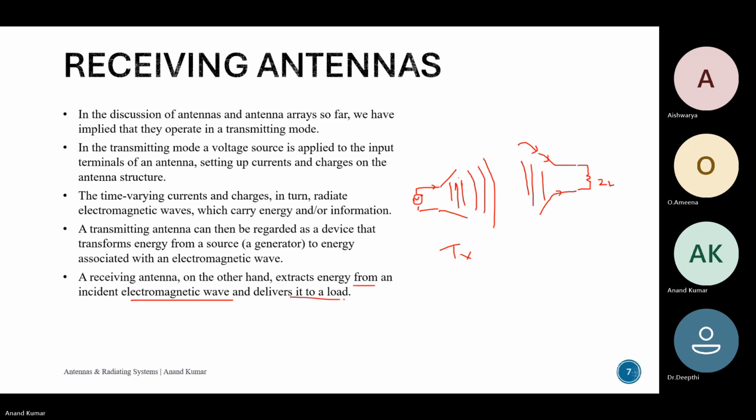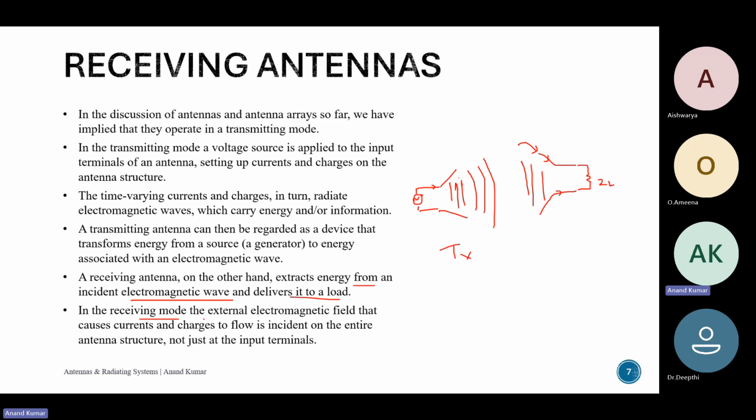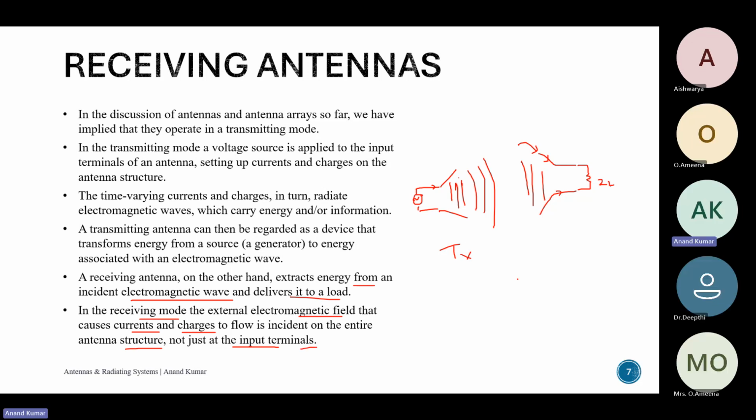In the receiving mode, the external EM field that causes currents and charges to flow is incident on the entire antenna structure and not just on the input terminals. What this means is, you have some antenna.